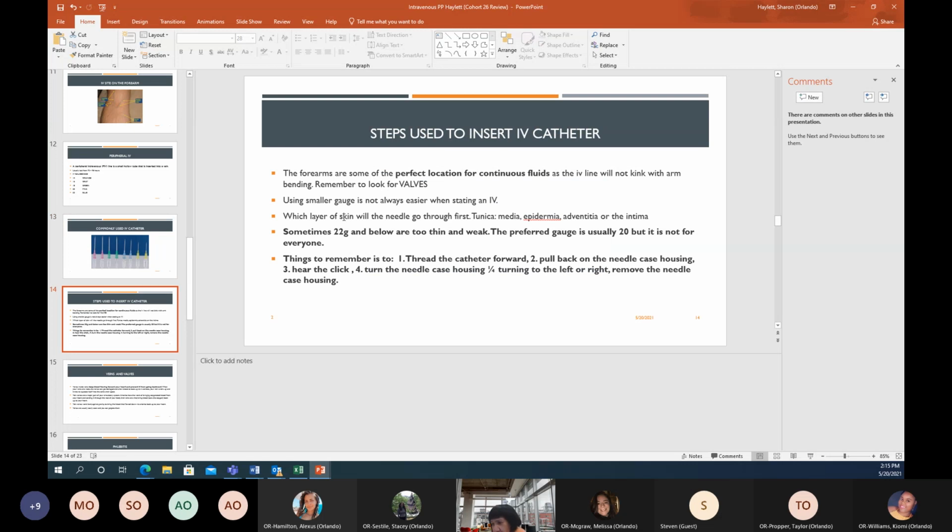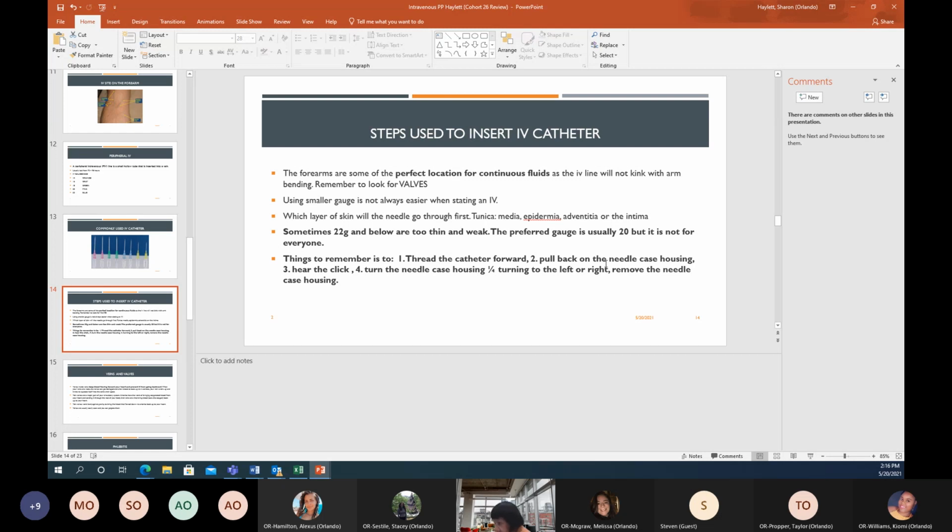Okay, this is important also. You need to know the steps that you use to insert an IV. When you put the IV in, you need to know what you do after that, and they're going to ask you what you do after that. So you insert the IV needle, then you thread the catheter forward, and then you pull back on the needle.